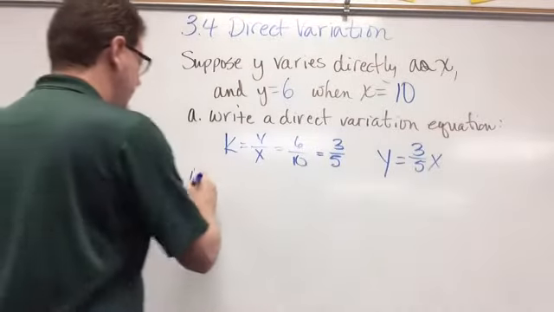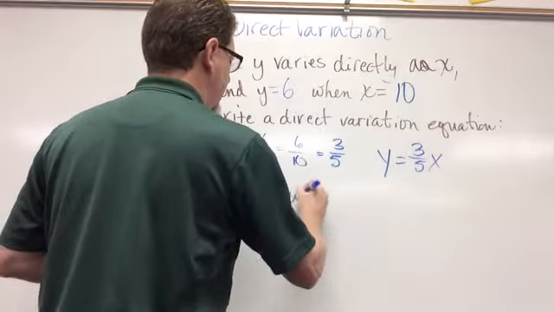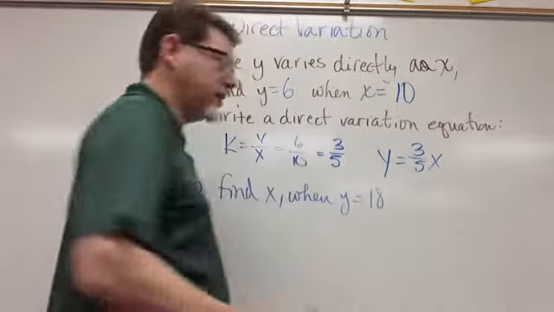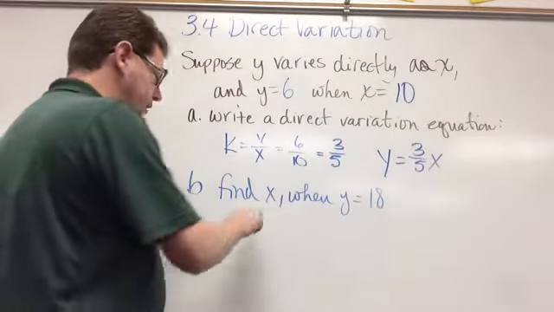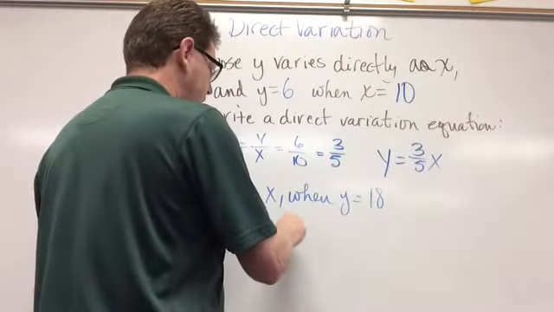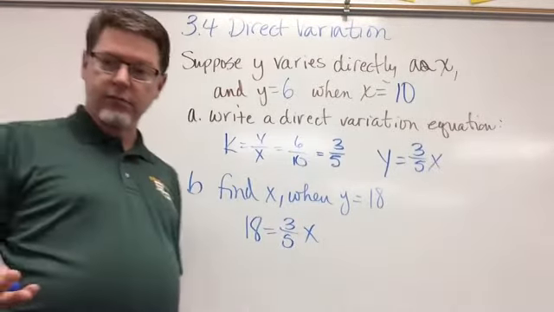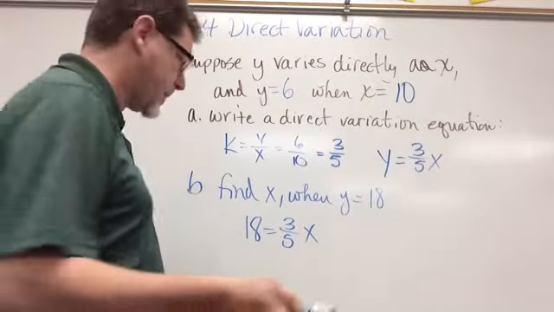The second part of this is find x when y equals 18. So now I have to plug in the 18 for y. So 18 equals 3/5 x. I'm solving for x, so I have to divide both sides by 3/5 or multiply by 5/3.